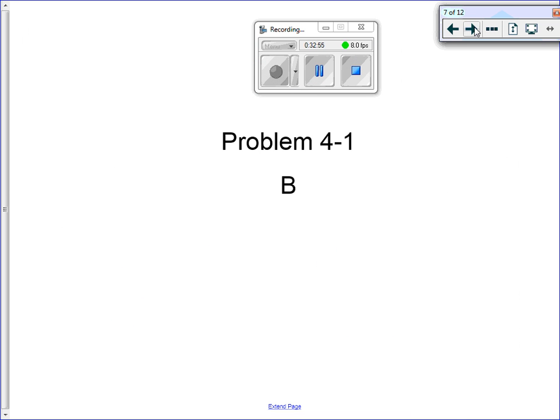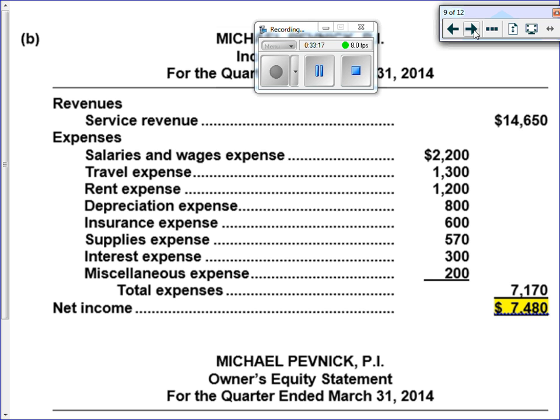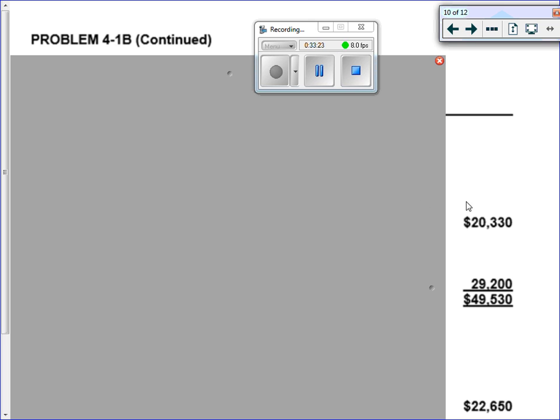Alrighty, problem 4.1b. I can give you a couple key things. I will tell you that you're going to have a net income of $7,480. Remember, you are not doing the income statement. You are not doing the owner's equity statement.